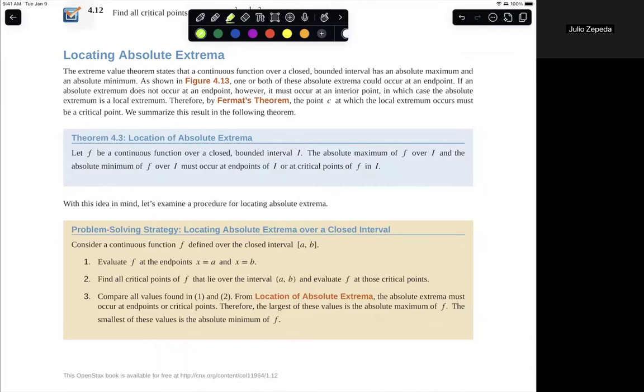Theorem 4.3, location of absolute extrema: if f is a continuous function, triple highlight that, continuous function, over a closed and bounded interval I, so again it has to be closed and bounded, then the absolute maximum of f over I and the absolute minimum of f over I must occur at the endpoints of I or at critical points of f in I.